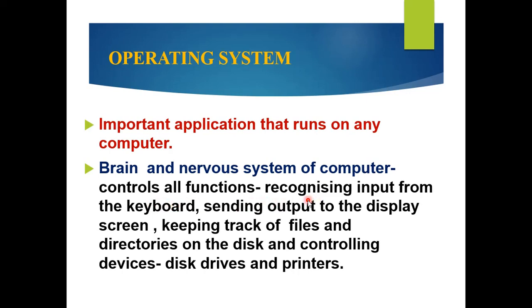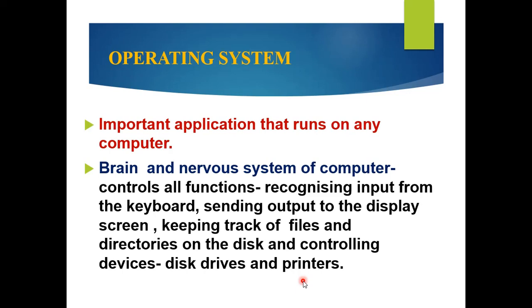Such as recognizing input: input will be given by the user and should be recognized from the keyboard, and sending output to the display screen. Once the data is processed, it should give the desired result, and the desired output should be sent to the display screen. Then keeping track of files and directories on the disk, and it is also used to control devices like disk drives and printers.